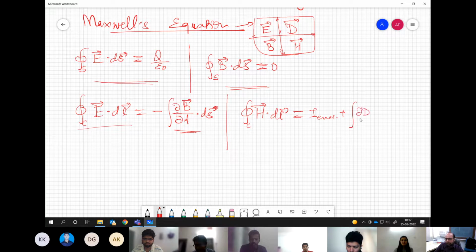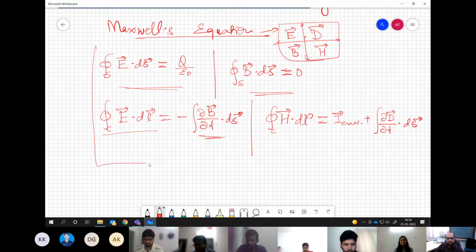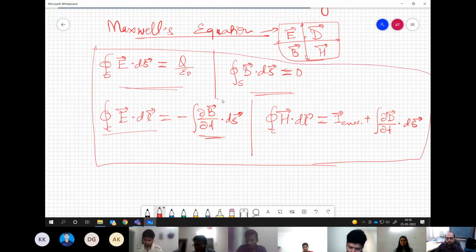Yes, another very important component, coming on account of the displacement current, related to the capacitor when we have time-varying magnetic and electric fields. So these are the four fundamental equations governing all the rules and equations we see in our electromagnetic theory.